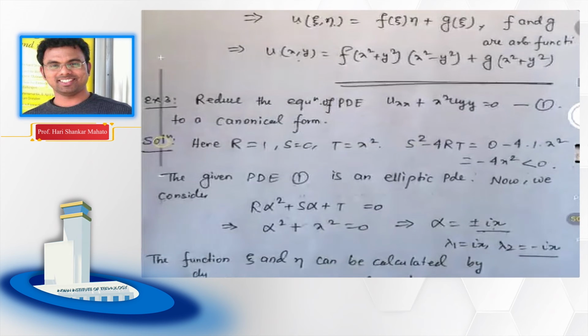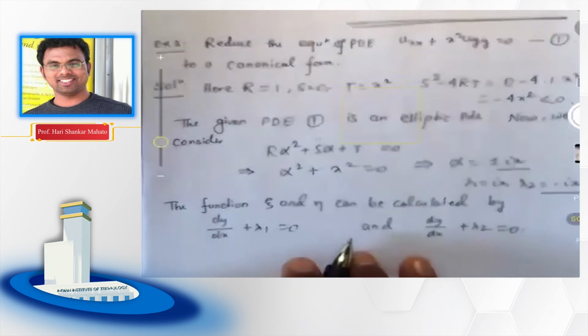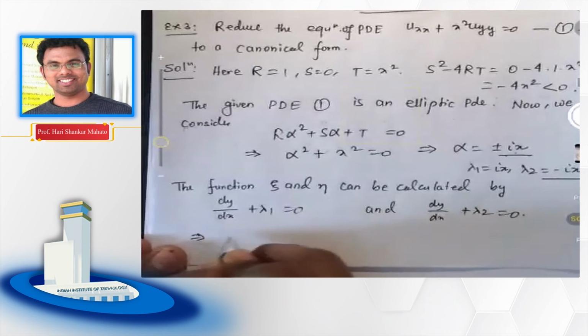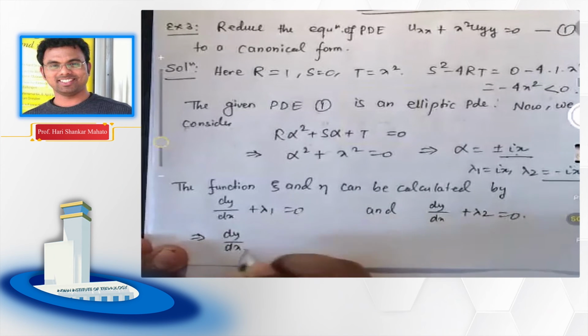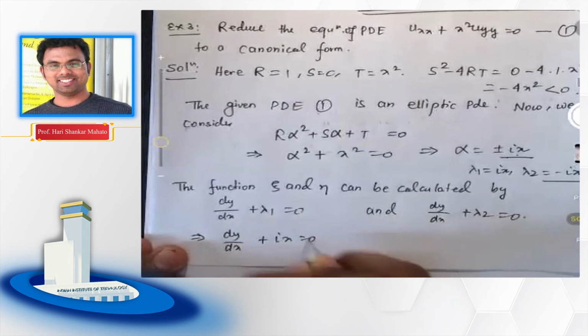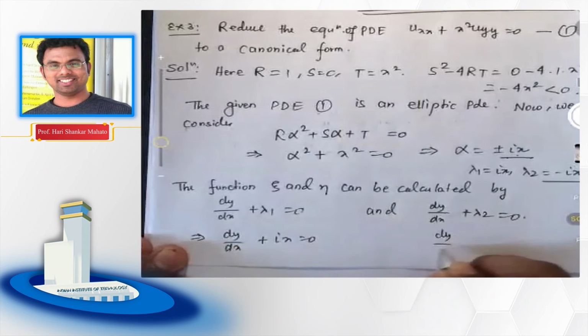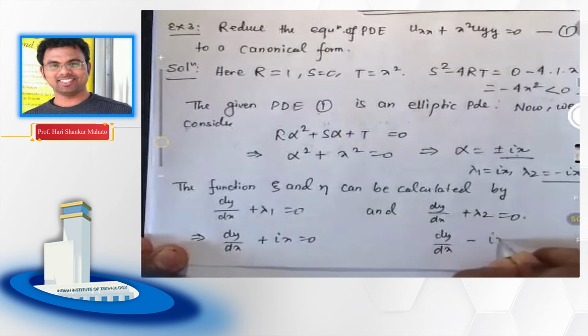All right. So if I take dy/dx plus lambda 1, that means plus ix equals 0, and dy/dx plus lambda 2, that means minus ix equals 0. If I integrate, it will become y plus i x squared by 2, and y minus i x squared by 2.